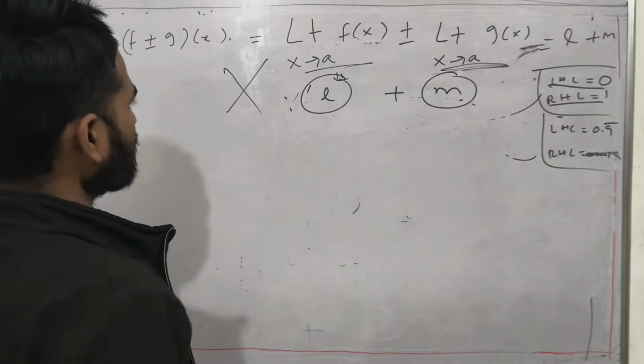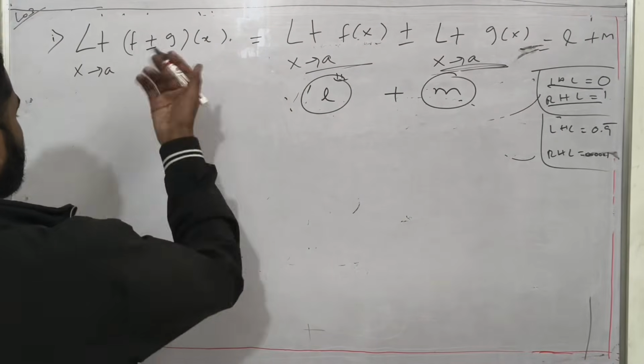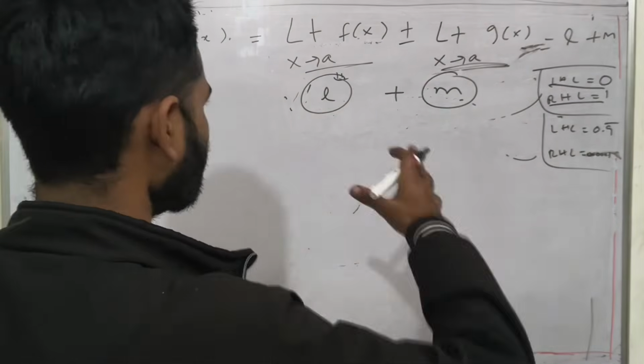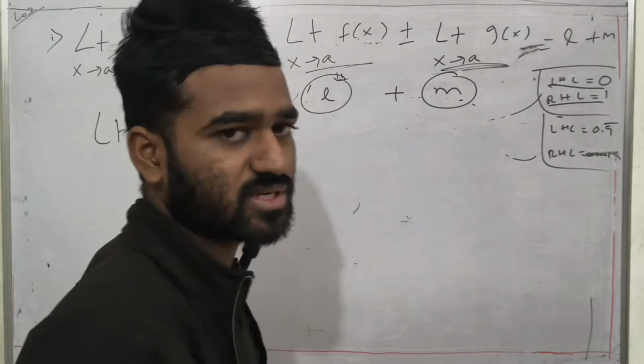समझ में आ रहा है? Then the question comes: how to find when individual limits don't exist. Okay, here we see individual limits didn't exist.